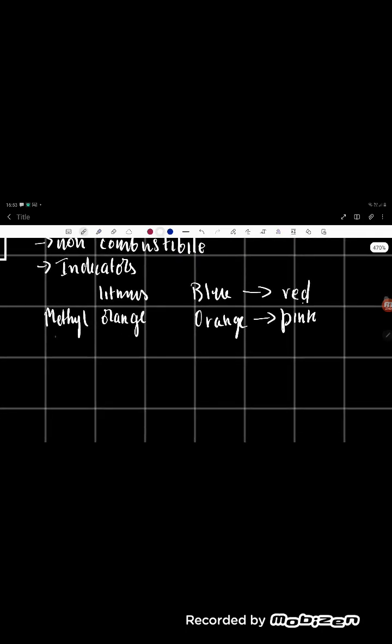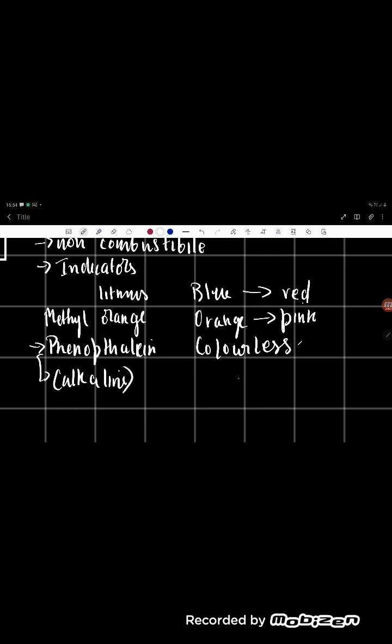And phenolphthalein stays colorless throughout. Now if it is alkaline, phenolphthalein turns pink to colorless.